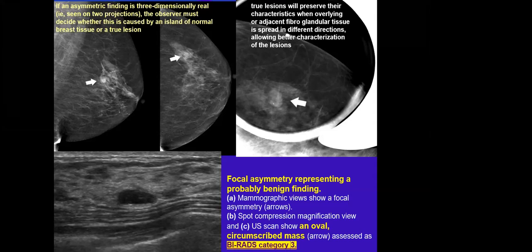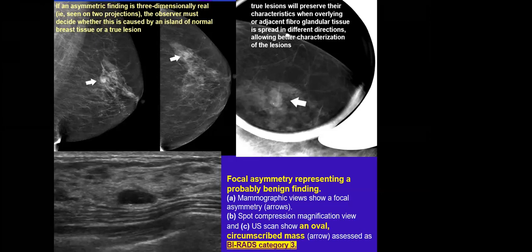You see, if an asymmetric finding is seen in two projections, we need to decide: is it caused by an island of normal tissue or a true lesion? In this case, it represents a true lesion. So by adding the compression view, we could characterize it.